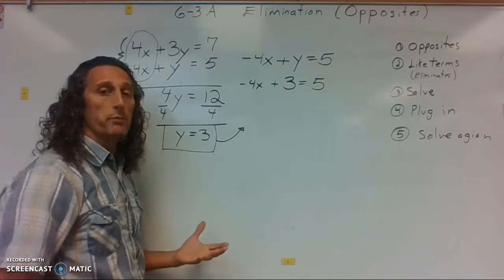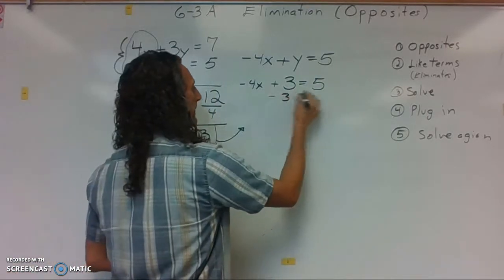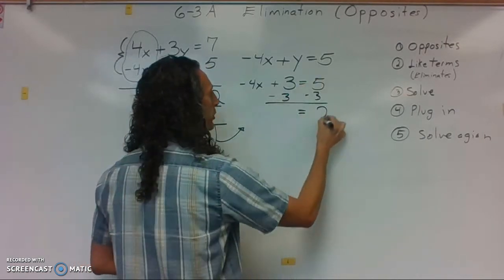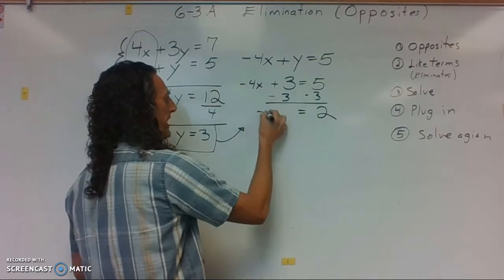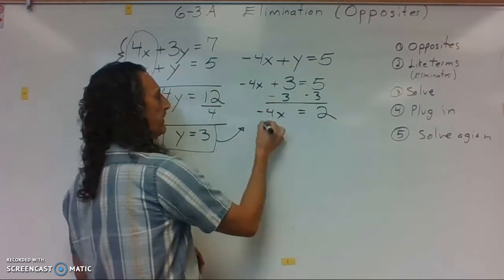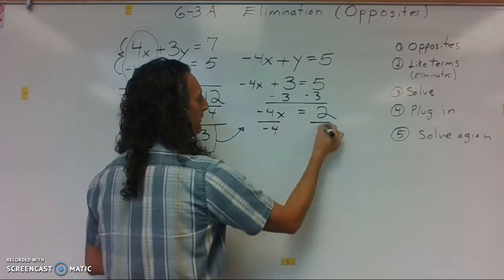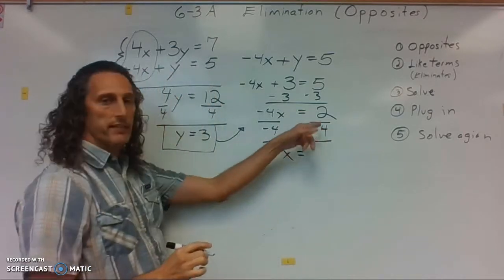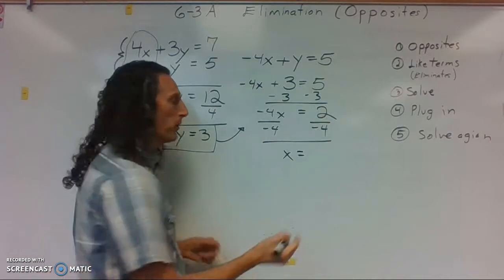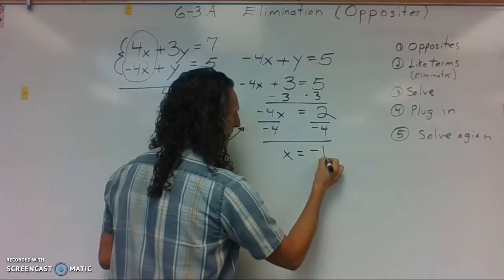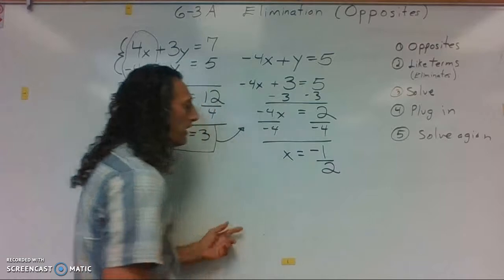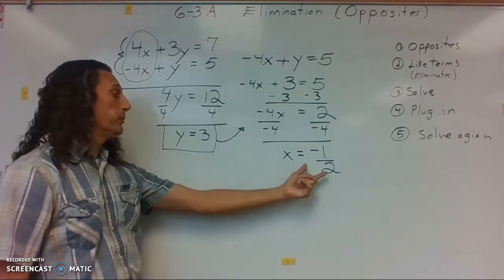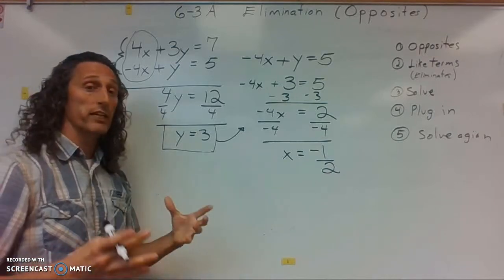So again, two-step equation, minus the 3 from both sides. We get a 2. Negative 4x falls down, I divide by negative 4, divide by negative 4. And if you type this into the calculator, 2 divided by negative 4, it will spit out negative 1/2. And again, to really get our answer, we have to put these two numbers together so it looks like a point.